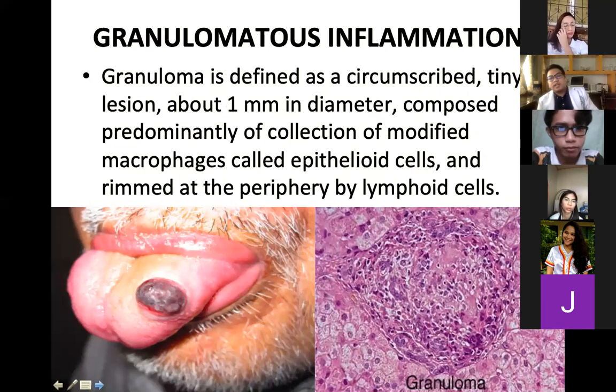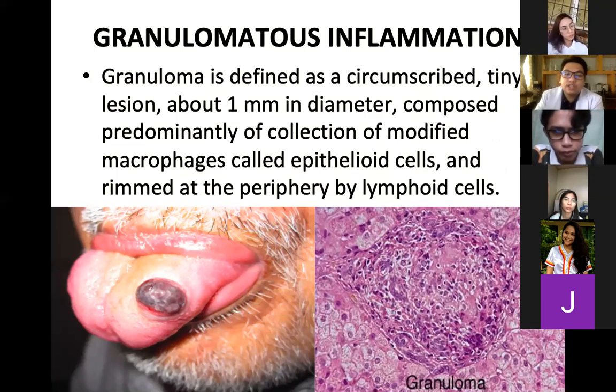So, granulomatous inflammation. Okay? Granulomatous, class, is the formation of granuloma, defined as a circumscribed tiny lesion about 1 millimeter in diameter, composed predominantly of a collection of modified macrophages called epithelioid cells and rimmed at the periphery by lymphoid cells.